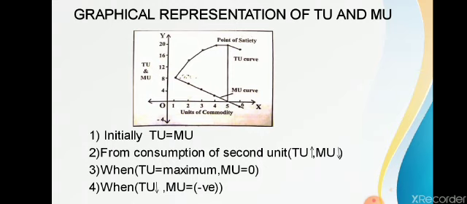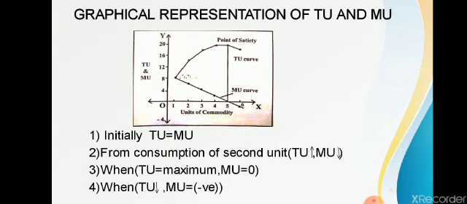Due to the consumption of the second unit, his total utility increases from 8 to 14, but his marginal utility is decreasing from 8 to 6.